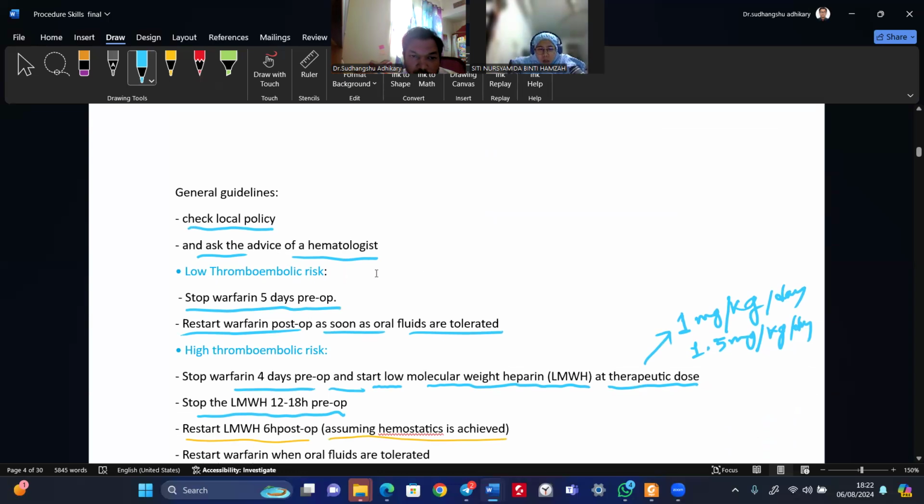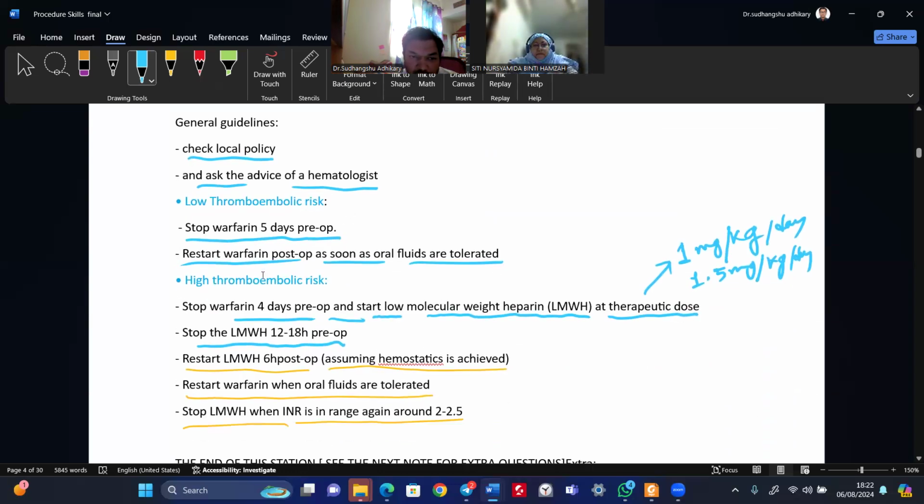If it is low thromboembolic risk, stop warfarin 5 days pre-op and restart warfarin post-op as soon as oral food is tolerated. In high thromboembolic risk, stop warfarin 4 days pre-op and start low molecular weight heparin at the therapeutic dose, that is 1 milligram per kg per day, and stop low molecular weight heparin 12 to 18 hours pre-operatively and restart it after 6 hours, once we make sure that adequate hemostasis has been achieved.